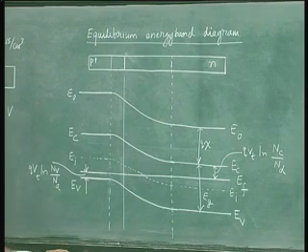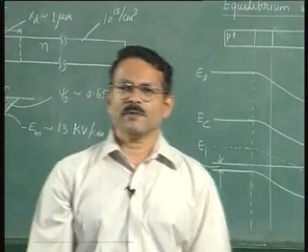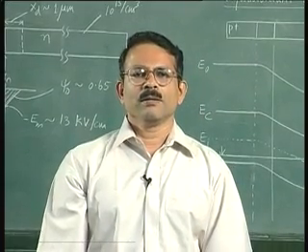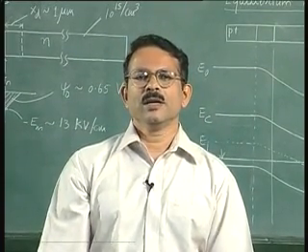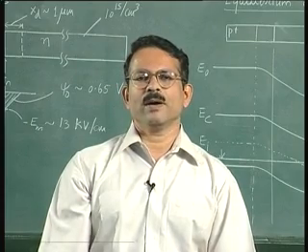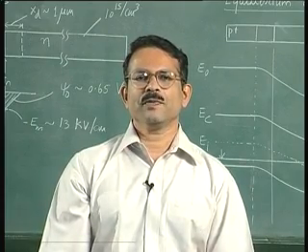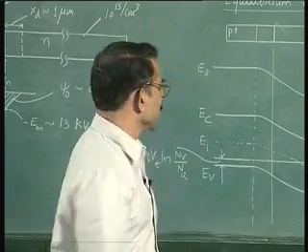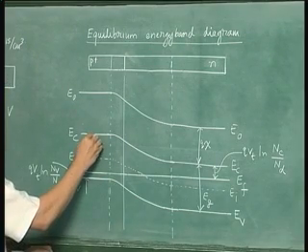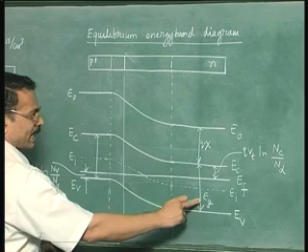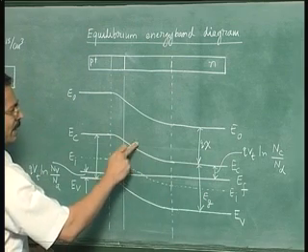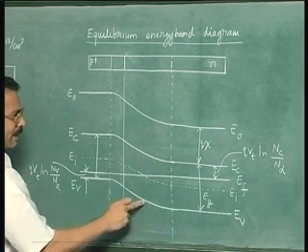However, in the case of heterojunctions, the picture is somewhat different, because when the materials are different on the P and N side, your energy gaps are not the same on P and N side, and therefore if you look at this diagram, if this energy gap is not the same as this energy gap, then obviously somewhere there will be a discontinuity either in EC or in EV or both.